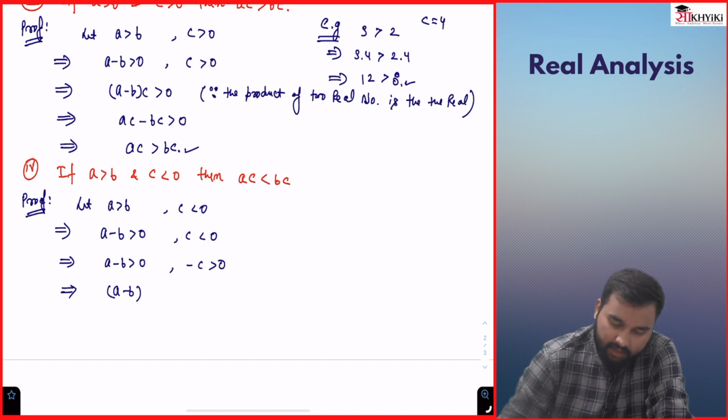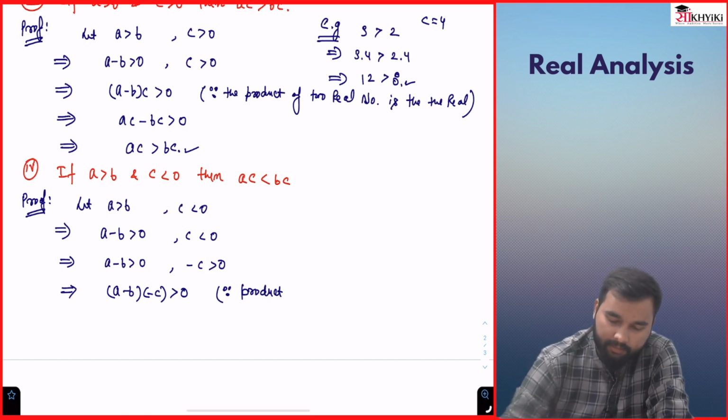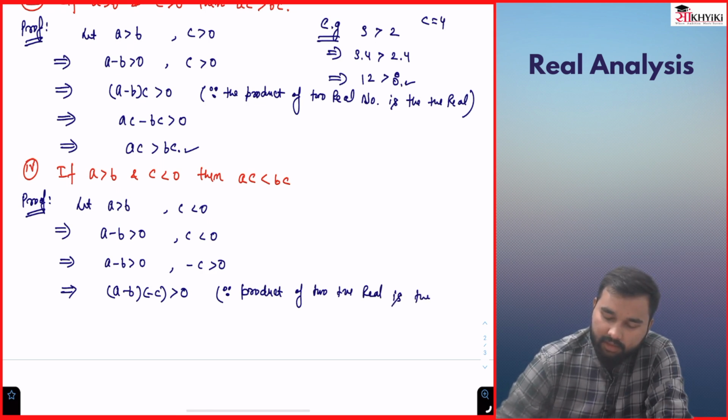A minus B multiplied with negative of C is again greater than 0, since the product of two positive reals is a positive real.